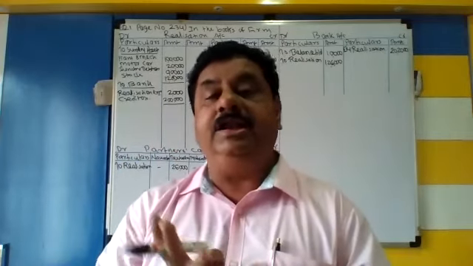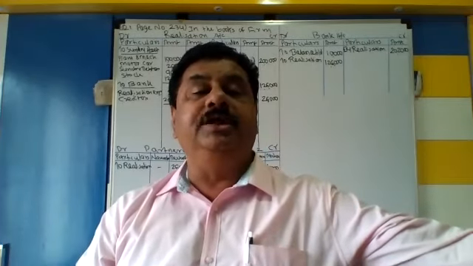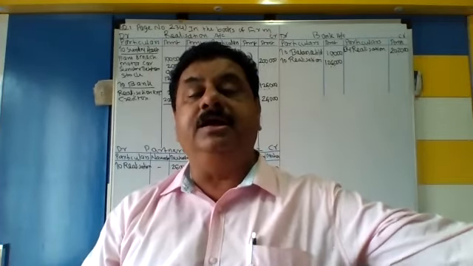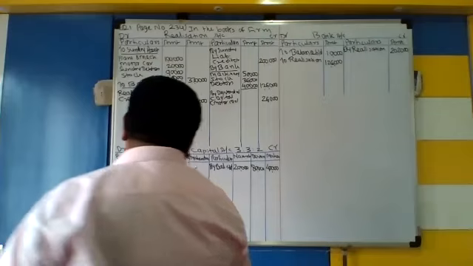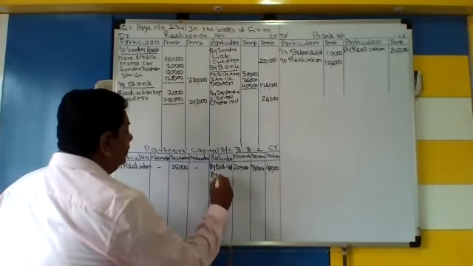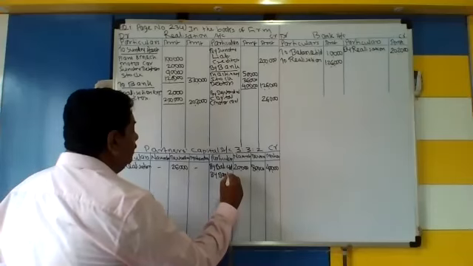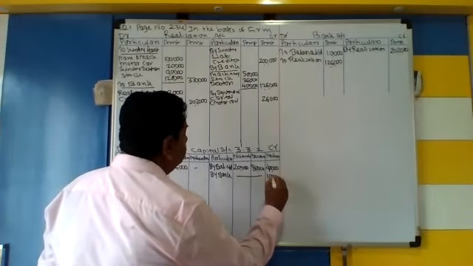Now see, directly the amount of recovery is given to you. When the amount of recovery is given to you, then you should pass the entry as bank account debit to that partner's capital account. So here the entry is by bank. Write here by bank, this is contributed by Mahendra, 10,000.